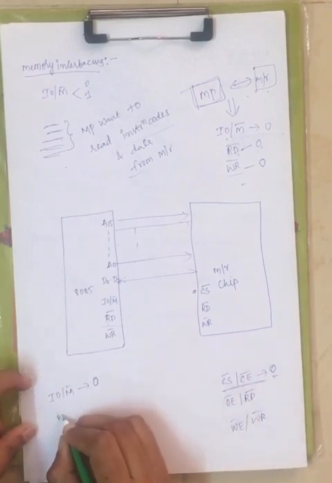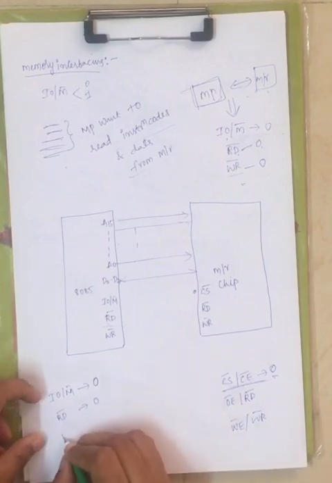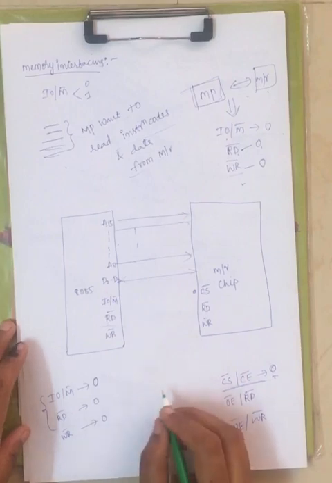For reading the data, RD bar should be 0, and for writing the data, WR bar should be 0. Using these 3 signals, I will generate only 2 control signals: one is memory read, one is memory write.